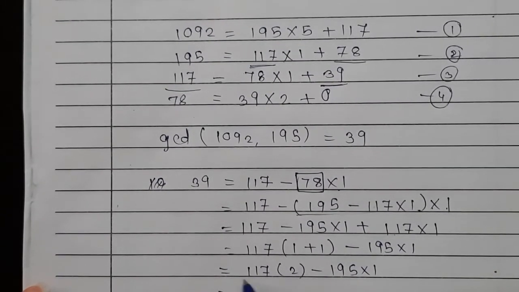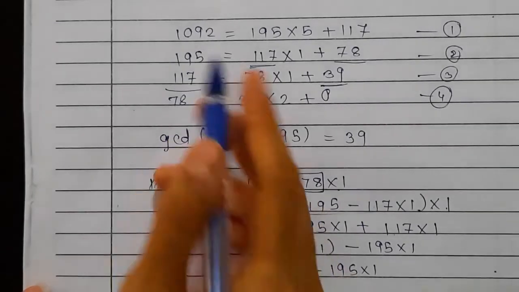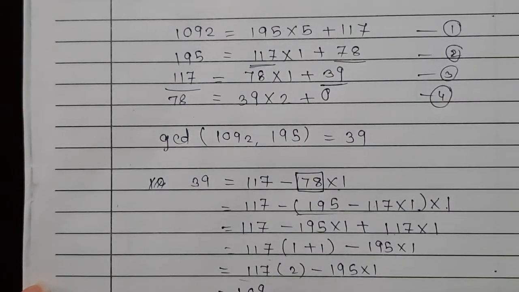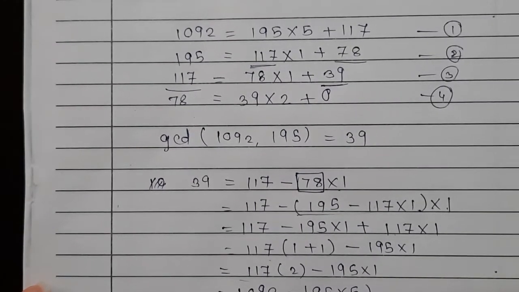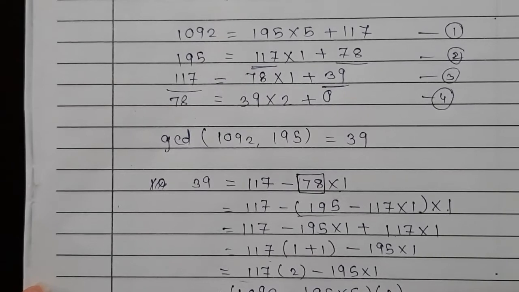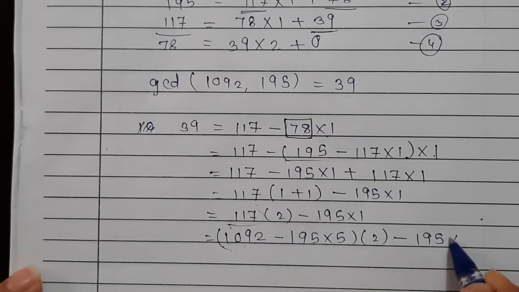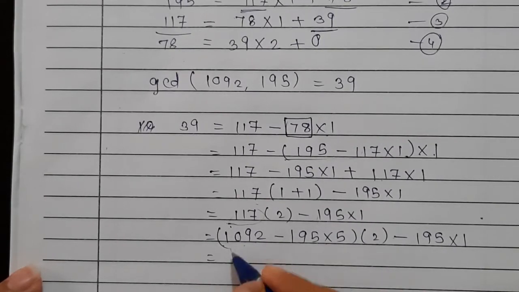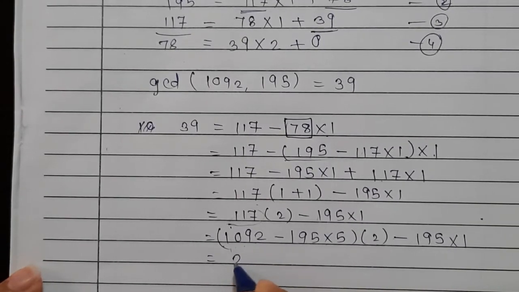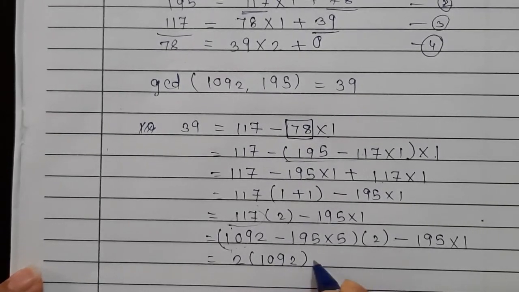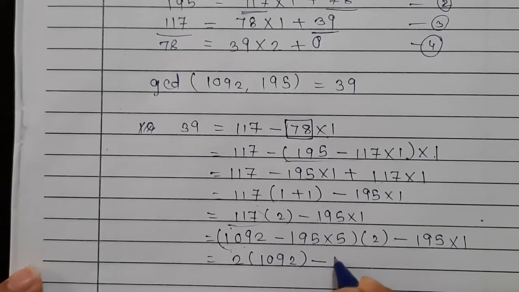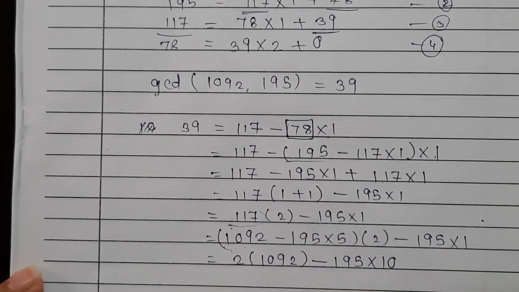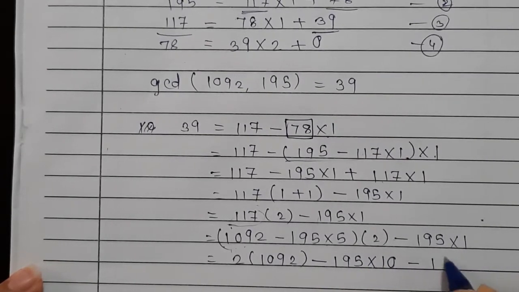Now here we substitute the value of 117. So we get 1092 minus 195 into 5, into 2, minus this as it is. So we write 2 into 1092 minus 195 into 10, minus 195 into 1.